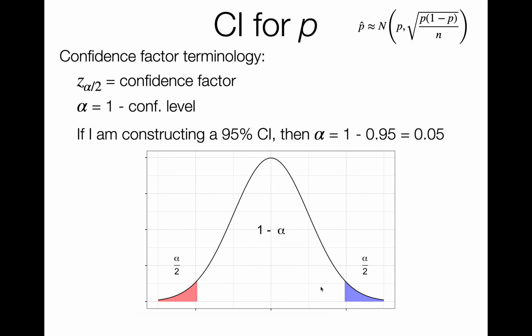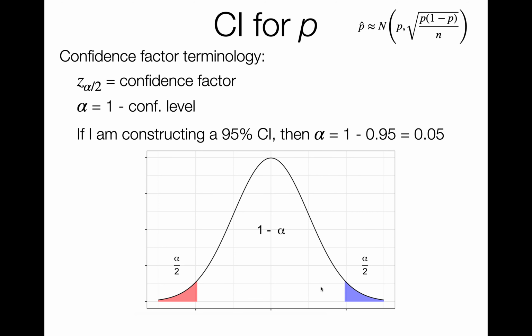Okay, so 1 minus 0.05, 0.95, that's my confidence level. I want that to lie inside, and then I want to find the points such that that lies on the inside, and then alpha lies on the outside.